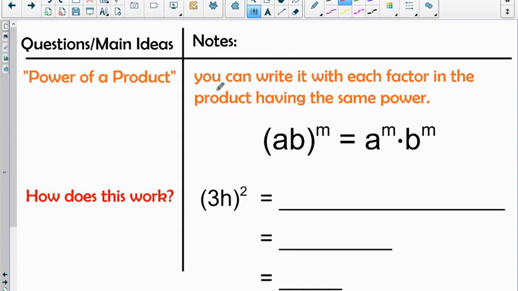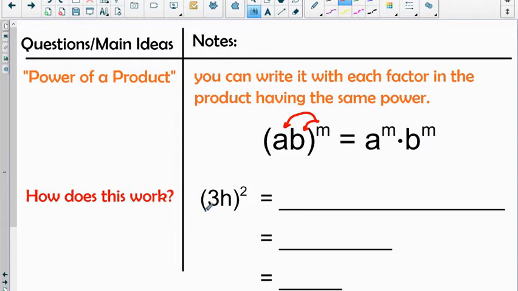Now, power of a product basically says that you can write the expression with each factor in the product having the same power. For example, instead of a times b all raised to the power of m, we can say that a is raised to the m power and b is raised to the m power. It's almost like distributing the m, distributing the exponent to everything inside the parentheses.